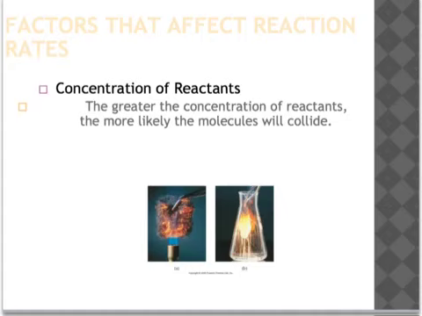The difference between the two is that this Erlenmeyer flask is filled with oxygen. What's the difference in the rate of the two reactions? This one's proceeding a lot faster because of an increase in the concentration of oxygen in that reaction. The more oxygen molecules there are, the more they will collide with each other, and the faster the reaction will go.